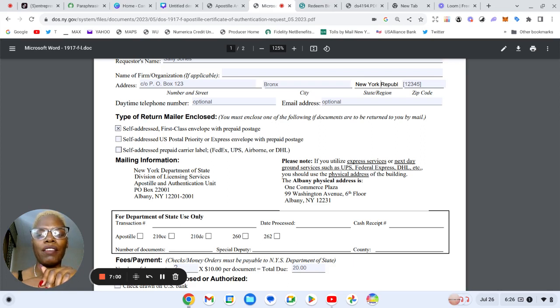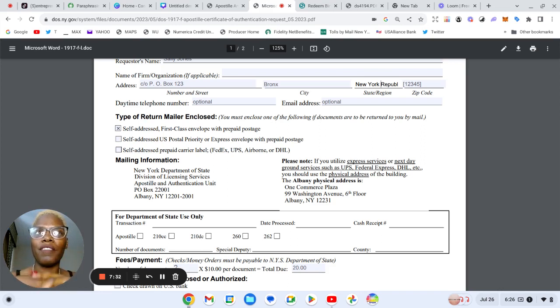So you need that. It's important. Now, they give you two actual addresses for this New York process. As you can see, it says, please note, if you utilize express services, which I did, or next day ground services such as UPS, Federal Express, DHL, etc., you should use the physical address of the building, which is the Albany physical address, 1 Commerce Plaza, 99 Washington Avenue, 6th floor, Albany, New York, 12231.